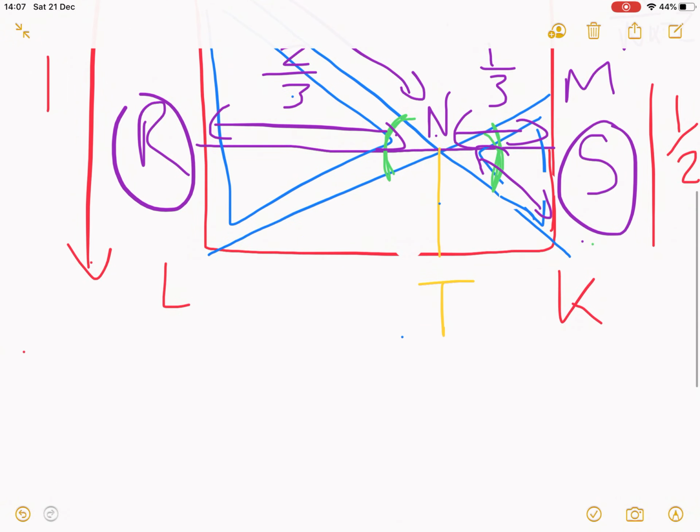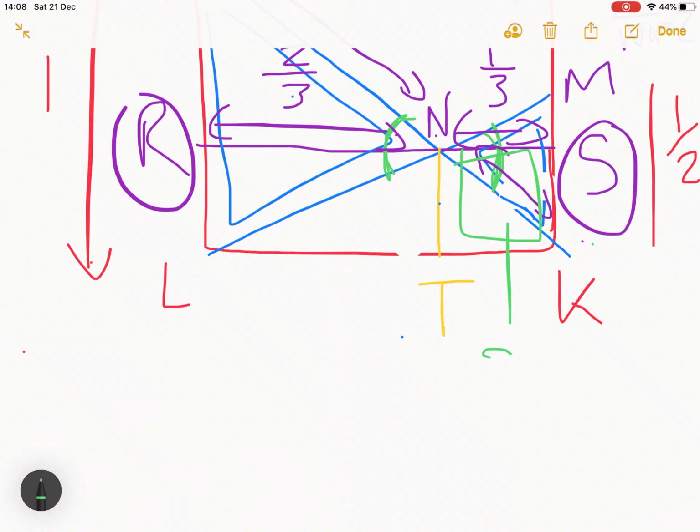Now we want to prove that NKTS is a square, so that we can prove that NT is equal to NS. We know this because along a diagonal in a square, whenever you mark out a shape like this, it's always going to be a square.